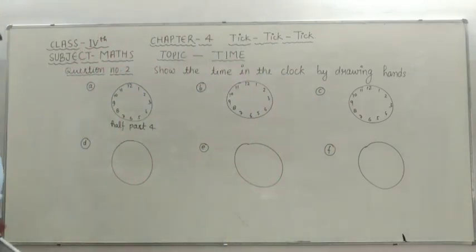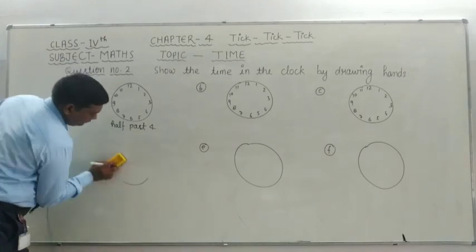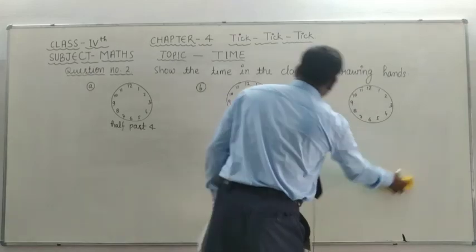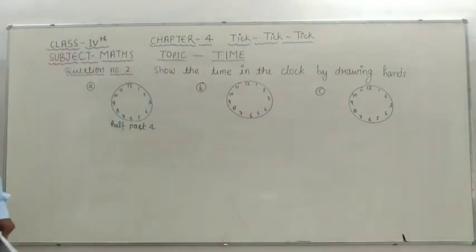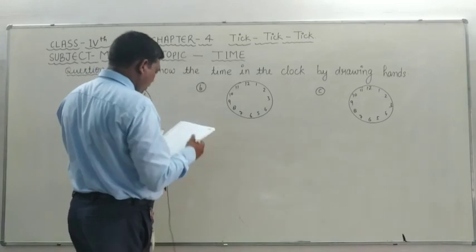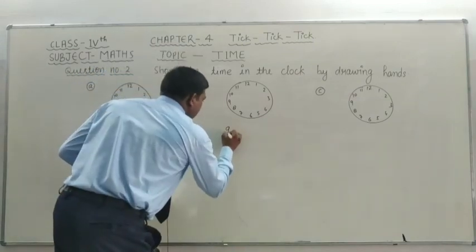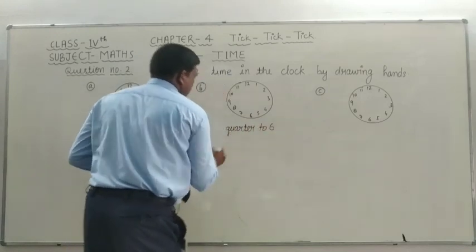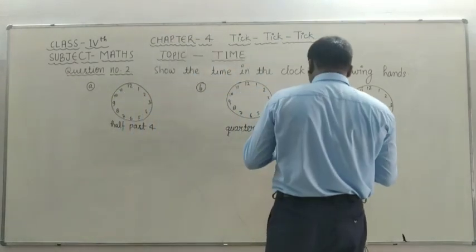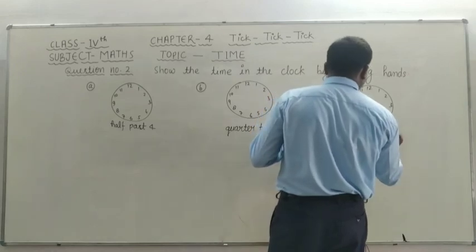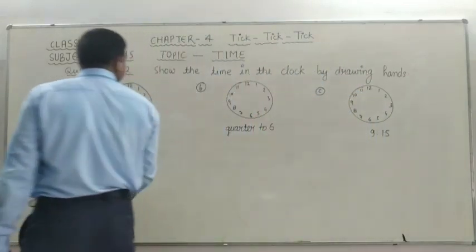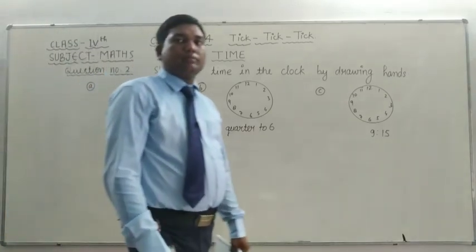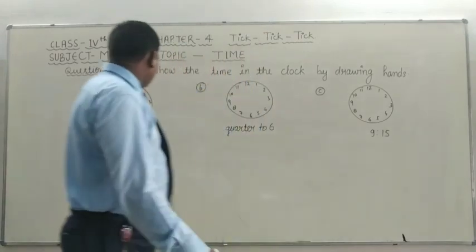Okay, students. Look at here carefully. In question number A, here given that 4:30 and here 5:45, and in this question 9:15. Here in this question, we show the time by drawing hands.